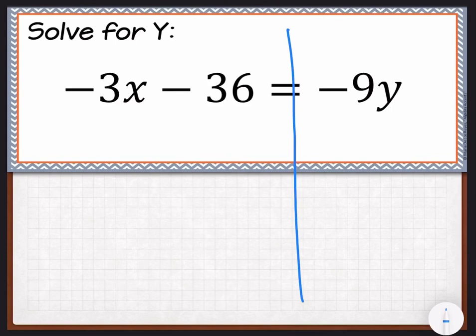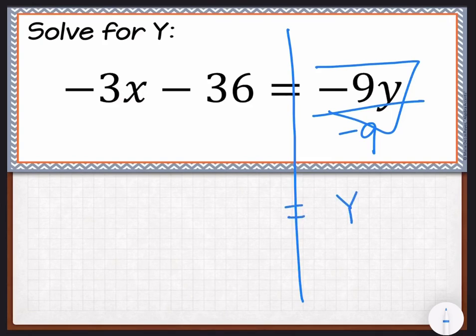Draw the line. And like on this example, since I see that my y is on my right side and that's the only thing over there, I'm going to go ahead and just keep it over there. And I'm going to divide by negative 9. So that way my y stays there all by itself. And all I have to do is now balance the left side by dividing each term by negative 9 and simplify.